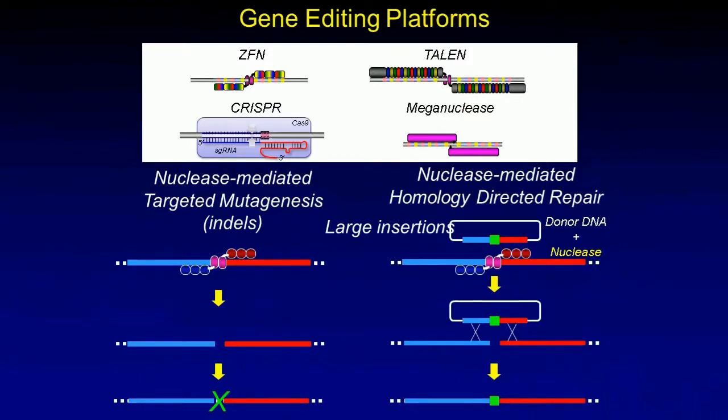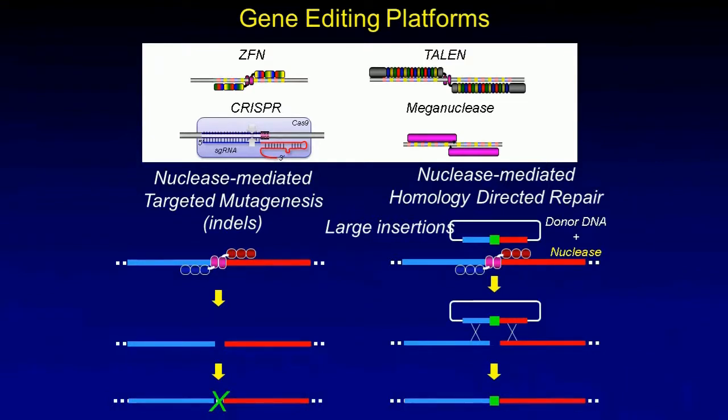Now, I didn't talk much about nuclease-mediated homology-directed repair. So I would just say that in making the targeted double-strand break in an appropriate constructed donor, it's possible to make large insertions or even very small modifications.